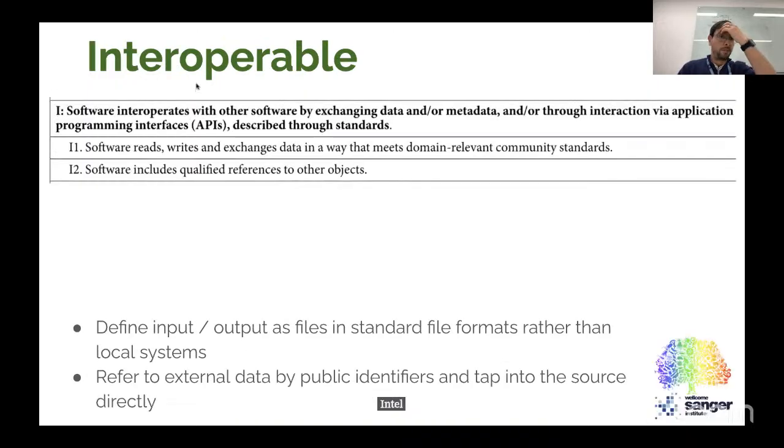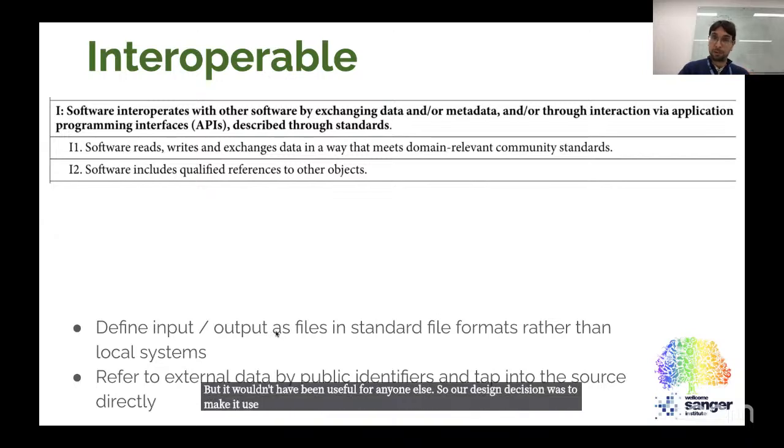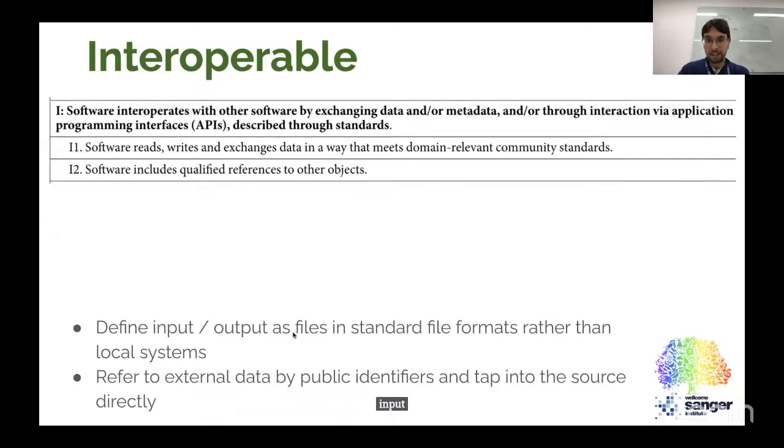Interoperable. It's about how your software works with inputs, for instance. For the Genomic pipeline, we could have made a version that hooks into Sanger systems, but it wouldn't have been useful for anyone else. So our design decision was to make it use input files and output files, all in standard file formats: FASTA, BAM, CRAM.